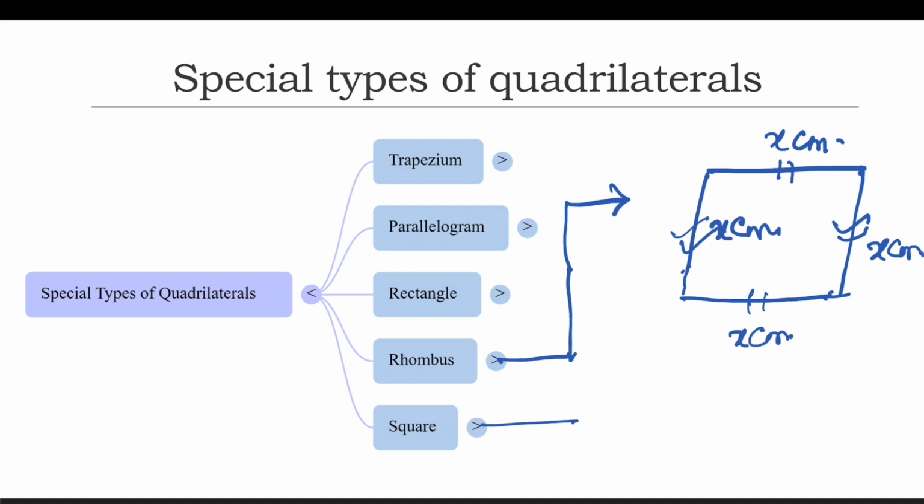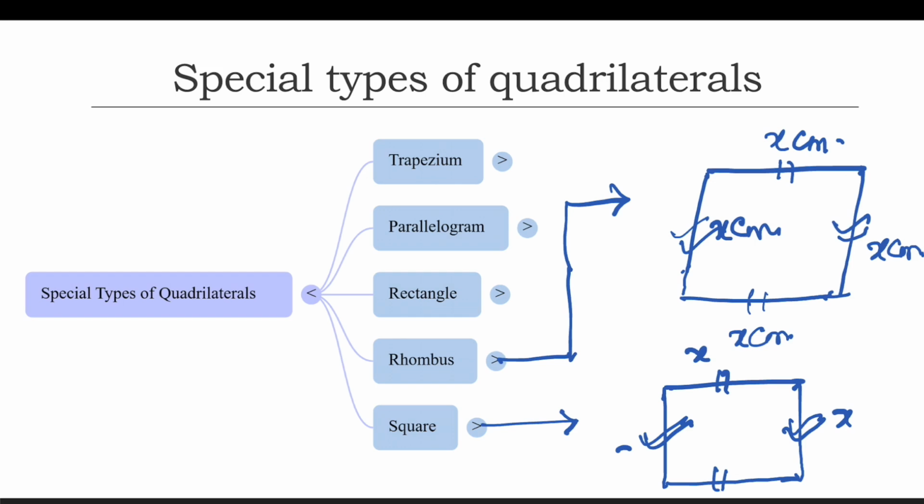This is rhombus. Then comes square. What is a square? It is a special type of rhombus only. So parallelogram first, opposite sides are parallel, then all sides are equal, and then all angles also are equal, which is 90 degrees.